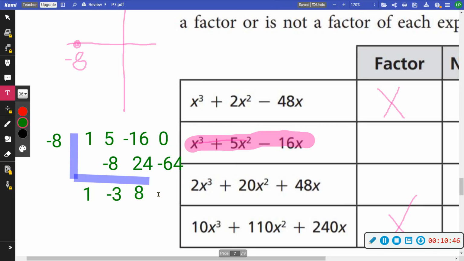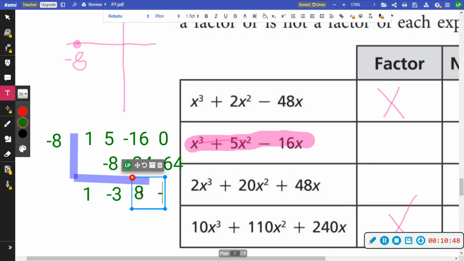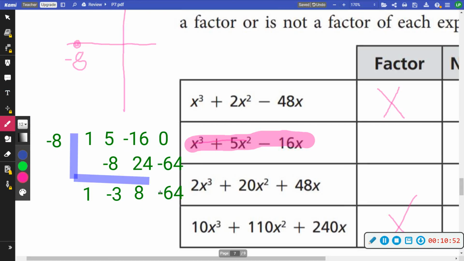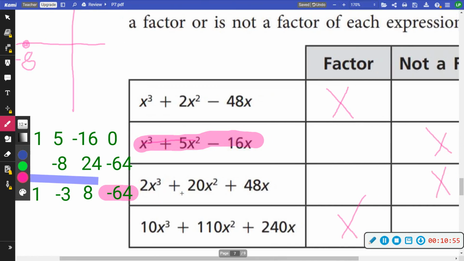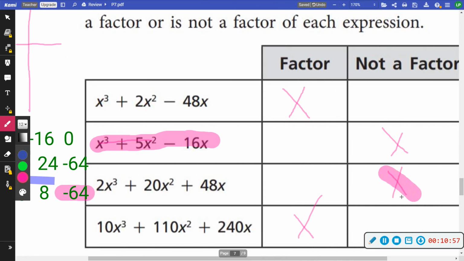Add, and you get negative 64. And so because we have a remainder, you would click this box. But if this was a 0, you would click this box. So that's the difference between being a factor and not a factor.